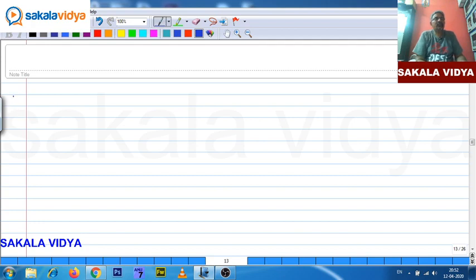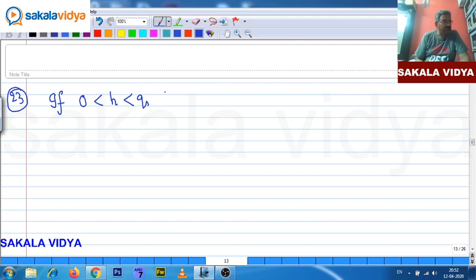So, 23rd problem. If 0 less than h, h less than q, then limit n tends to infinity.